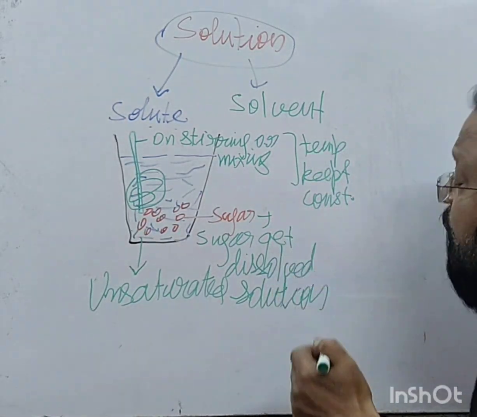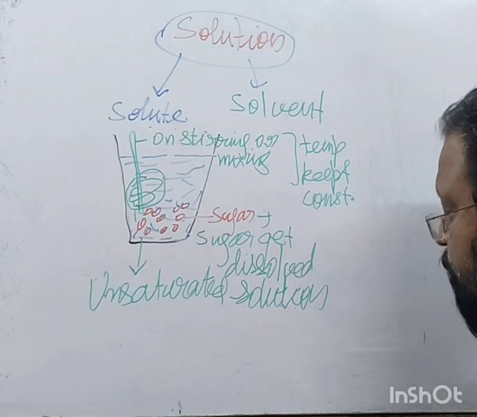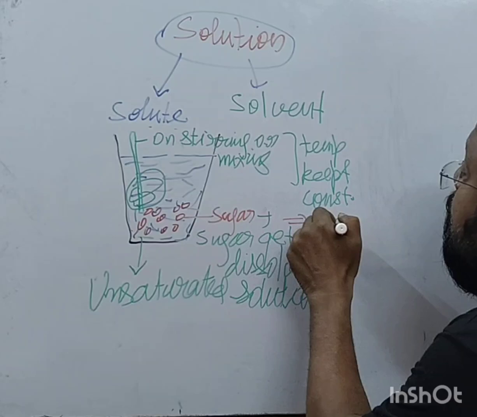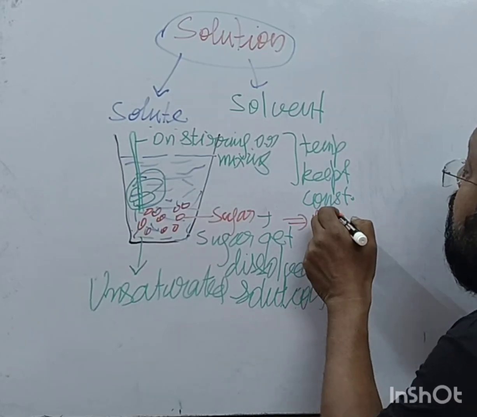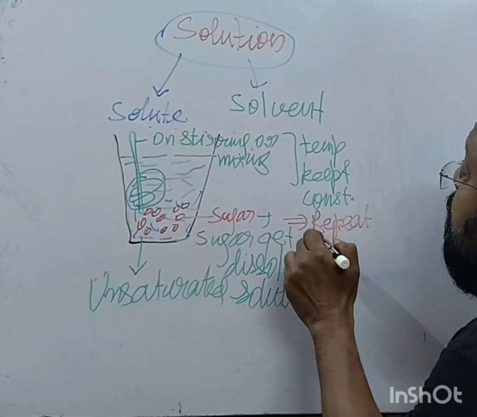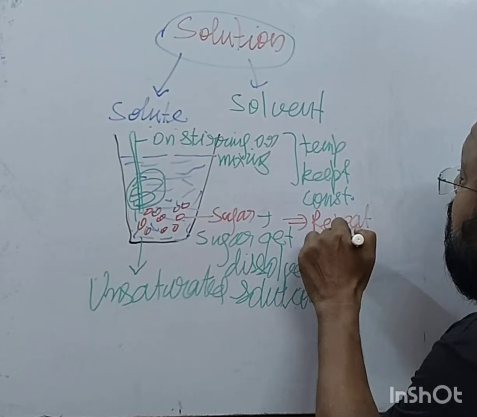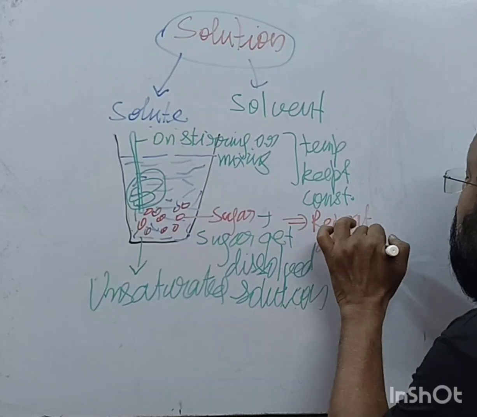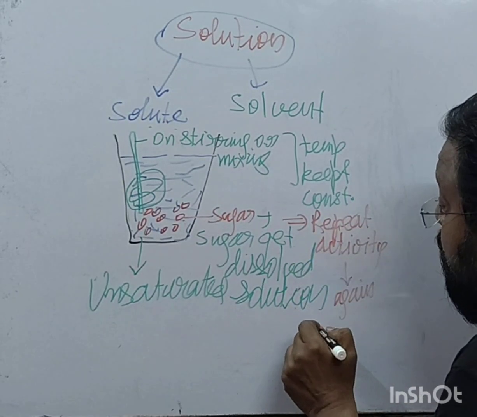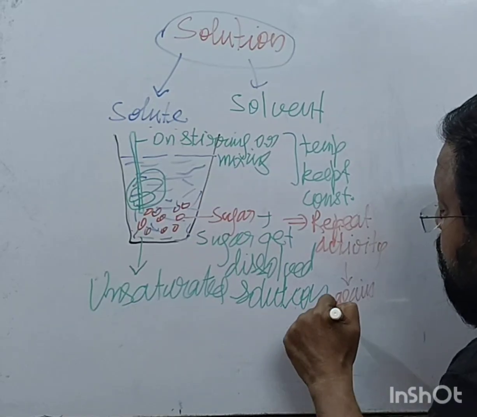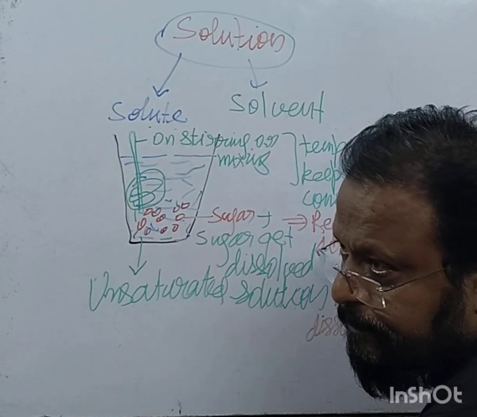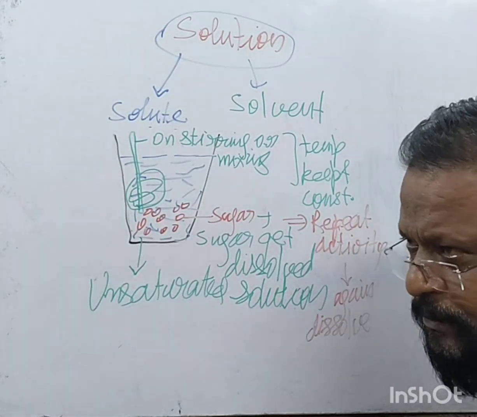When you repeat the activity, the sugar dissolves again, so it is also unsaturated because the sugar gets dissolved in it.